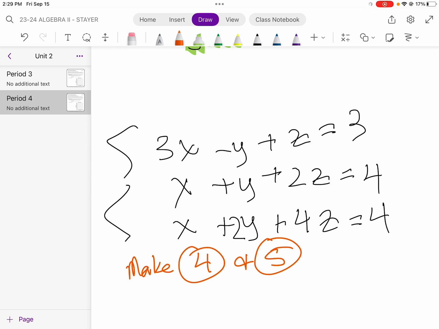Z is also 1. And then you plug x and z into 1, 2, or 3. So 3 minus y plus 1. So 4 minus y equals 3. So y would also be 1.